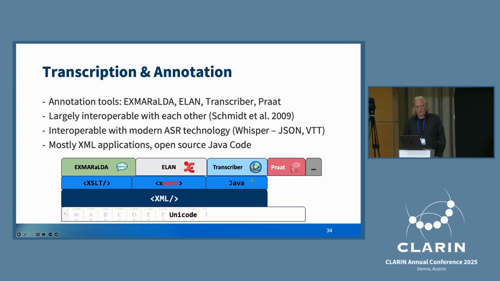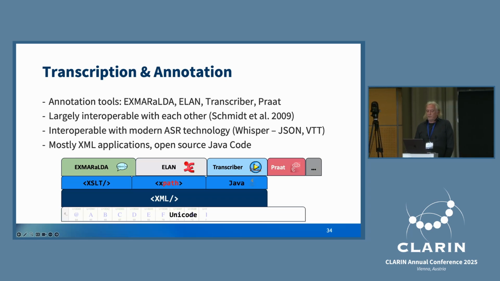Anna already mentioned that the entry point for this can be the output of different widely used annotation tools. It's been done for Exmeralda-based workflows, Elan, Transcriber, Praat. It would also work with, I don't know, Whisper output. And these things are largely interoperable with each other.